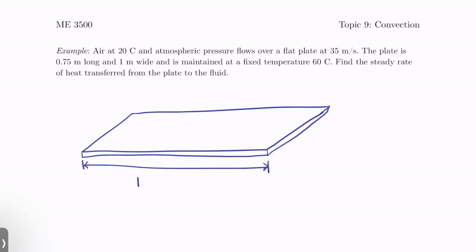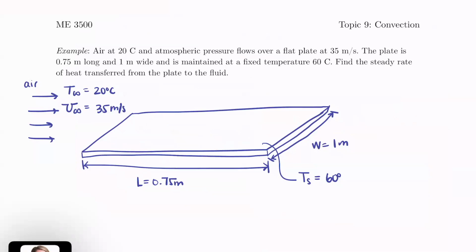So this is air. We have T infinity is 20 degrees C. U infinity is 35 meters per second, and we have an isothermal plate, so our plate is at a constant temperature. And we want to find the steady rate of heat transferred from the plate to the fluid. So what we are looking for is Q dot. Okay.